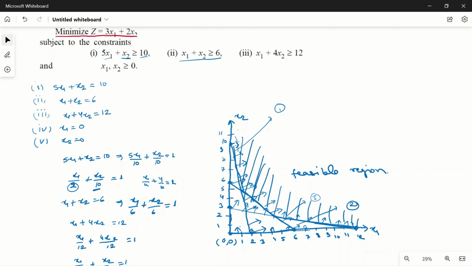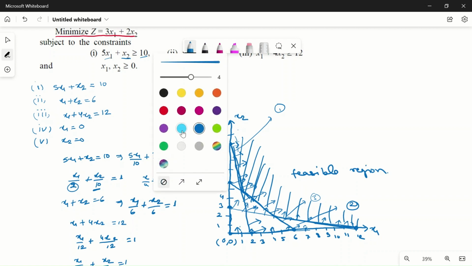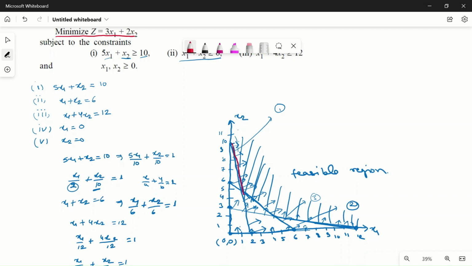So to minimize the problem, let's highlight it first. I have highlighted it so that you can see it clearly.